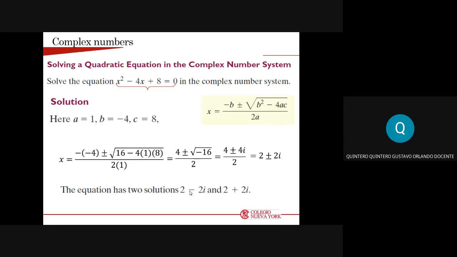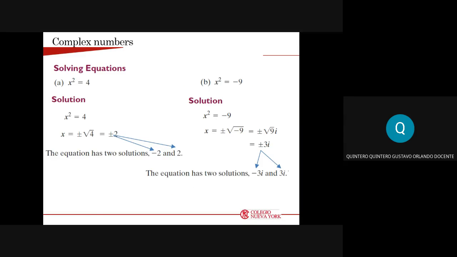And that will happen with every single solution of quadratic equations. Both solutions will be the conjugates of each other. Also here, look at the previous example. In this equation, one is the conjugate of the other.